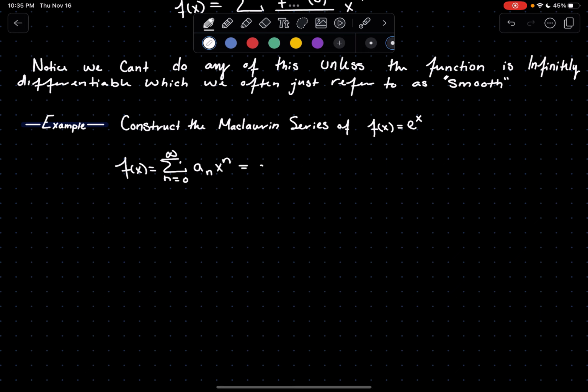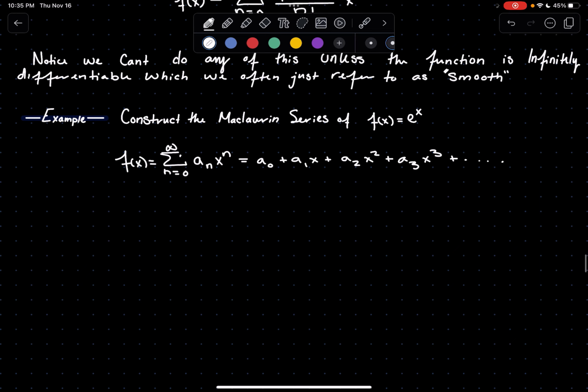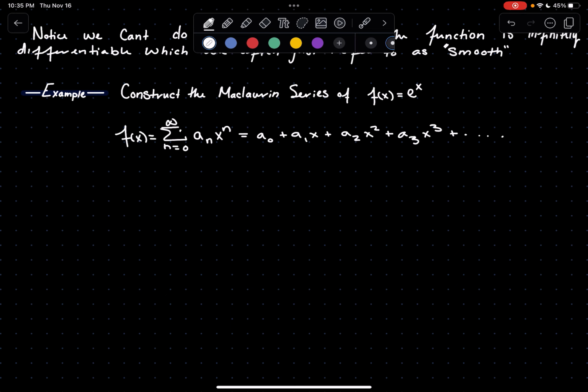Which is a0 plus a1x plus a2x squared plus a3x cubed plus dot dot dot. Okay, so let's figure out what our things are and see if we can figure out a pattern, right? So f of 0, well, when x is equal to 0, we just get a0. That one's pretty easy, right?